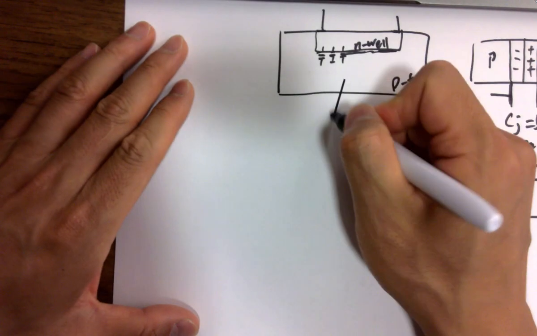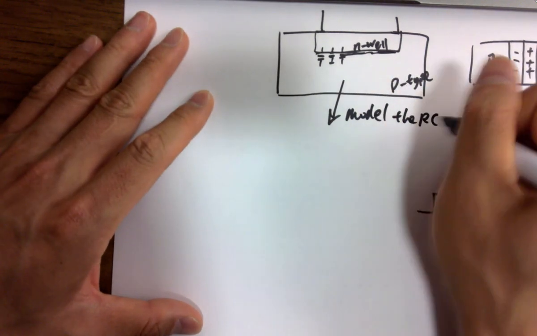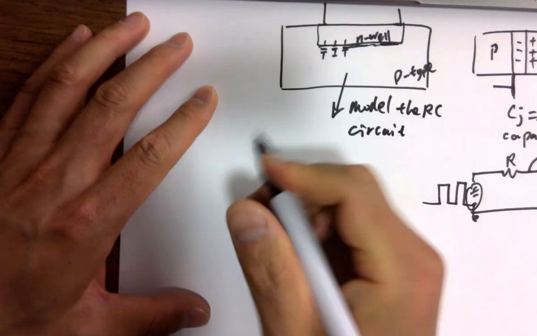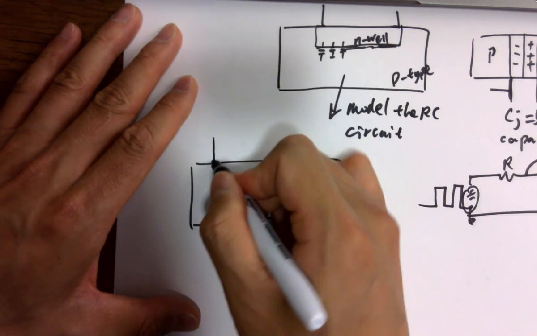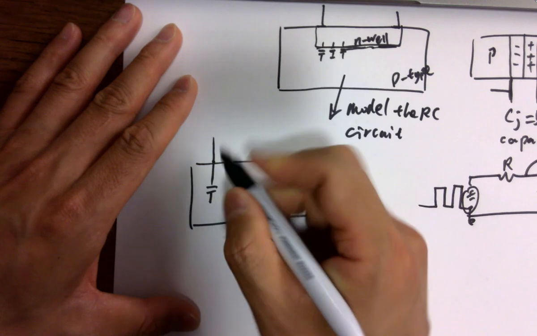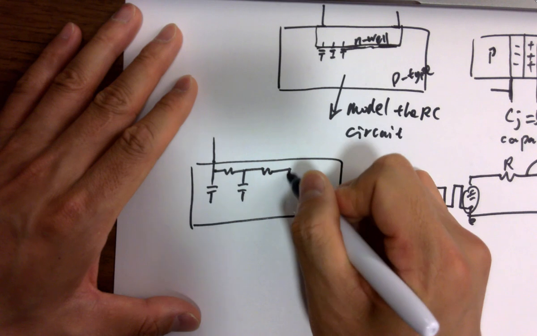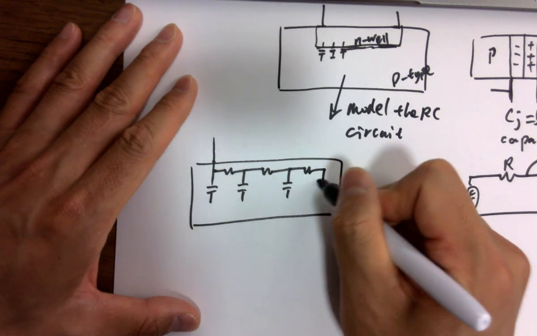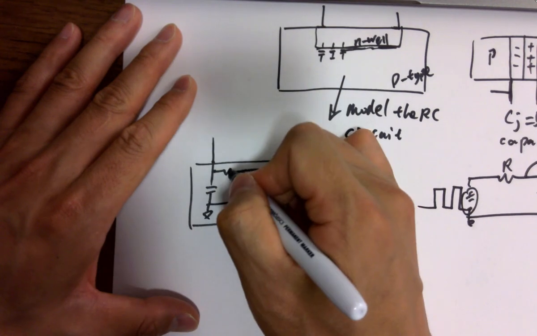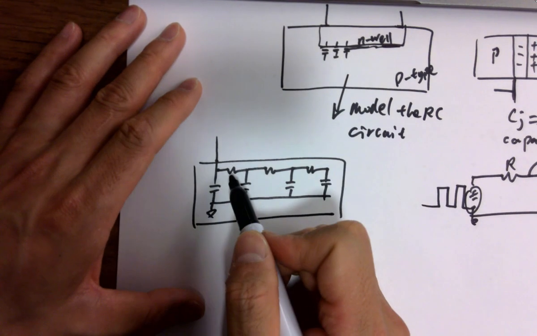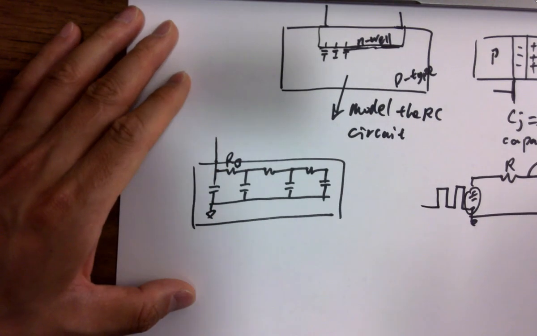So within the N-well, we can model it, they are all shorted to ground, and we divide it in this way because we want to use R square as the sheet resistance, and here's V, here's VL.